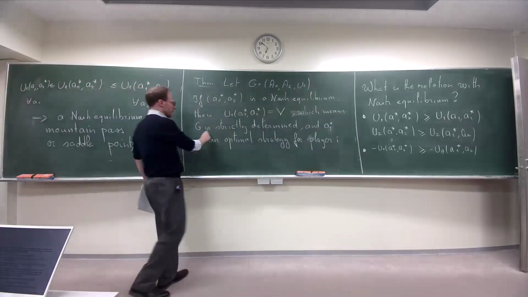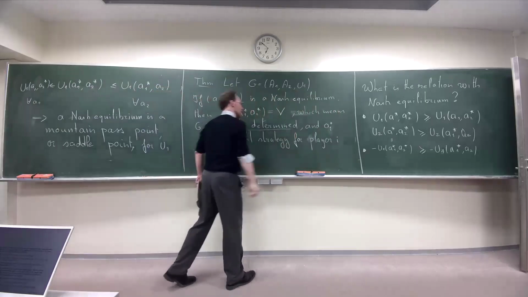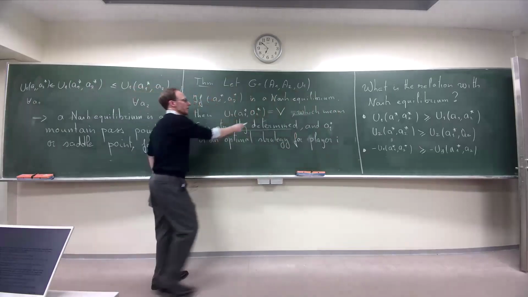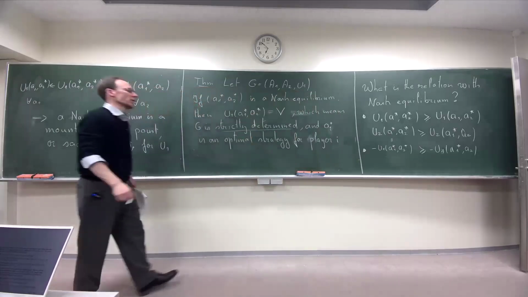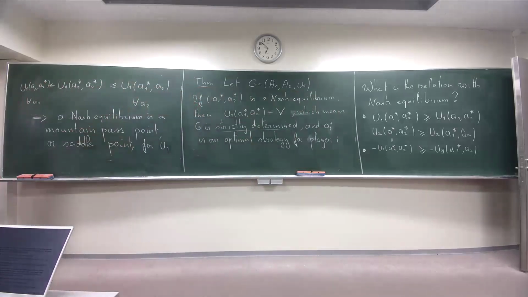So you are in a strictly determined game, and the value V is given by this value, and you even have the two optimal strategies.